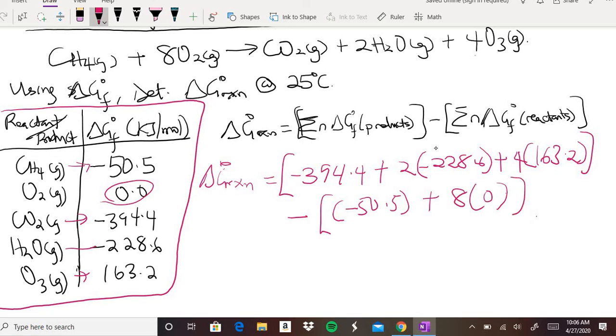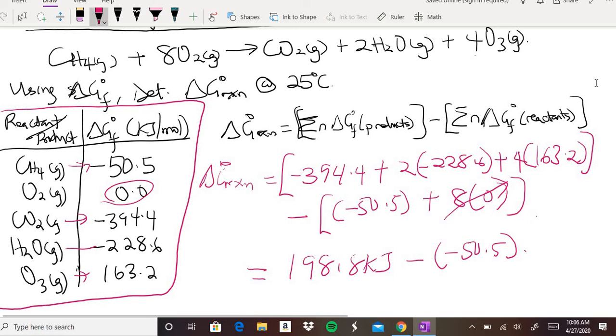So everything there is going to go away because it is 0. Whatever is left, if you plug all this into the calculator, it's going to give us 198.8 kilojoules, minus negative 50.5.